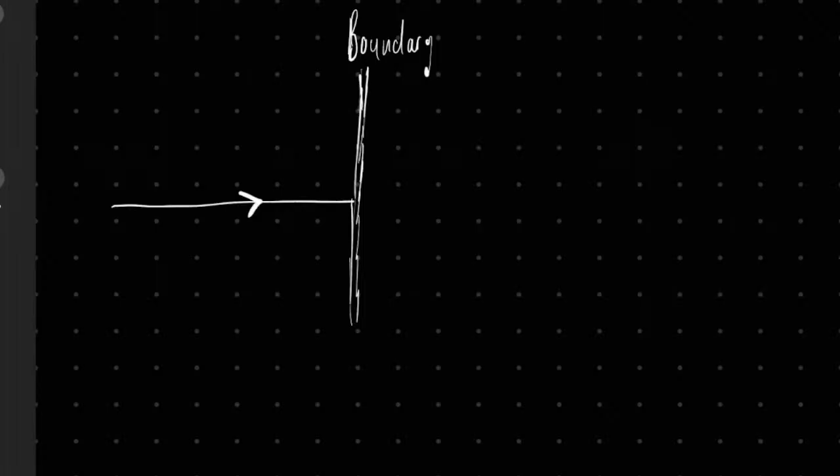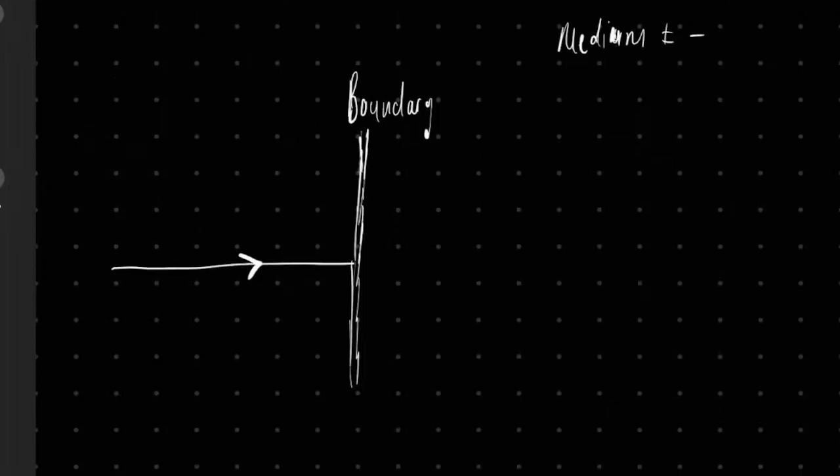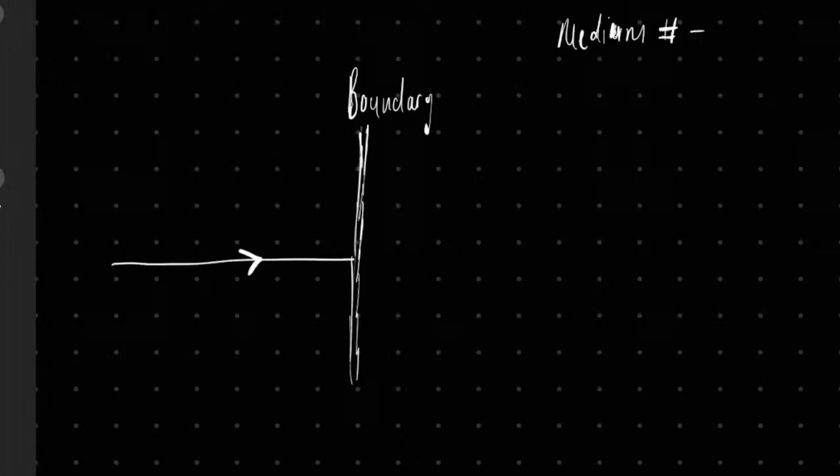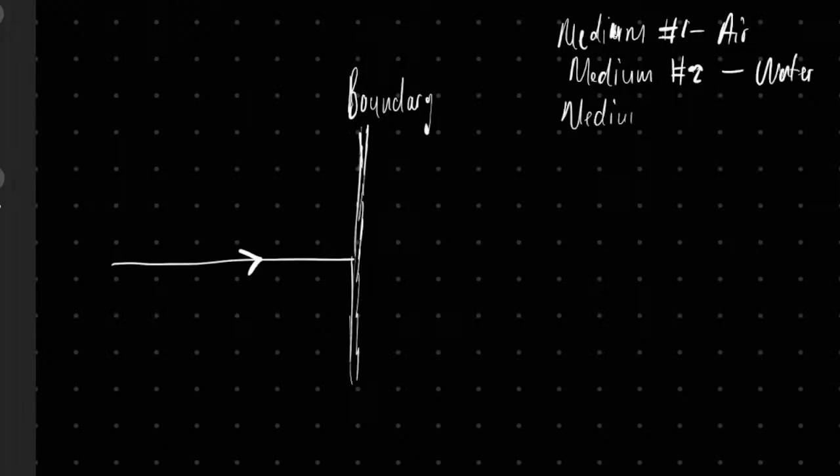When it's one, we say medium. Medium number 1, when we study waves, is somewhere a wave passes through. The first medium is going to be air. Medium number 2 is going to be water. Then medium number 3 that you meet at IGCSE is glass.